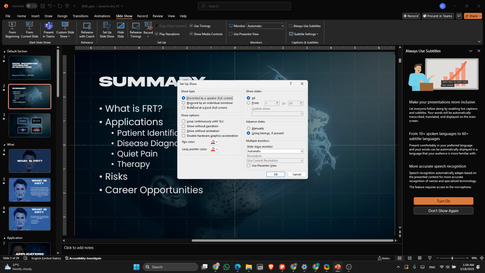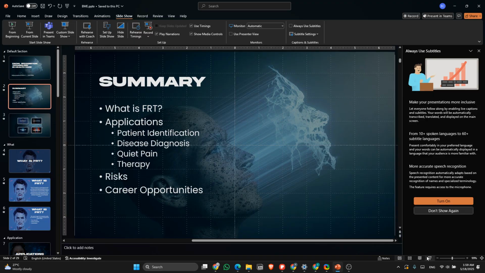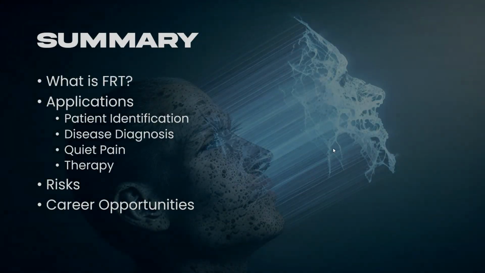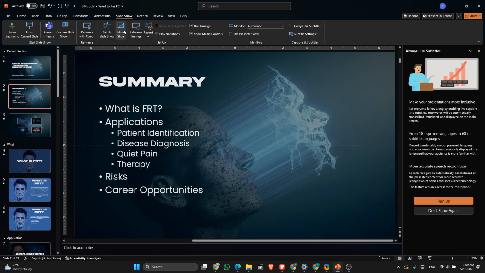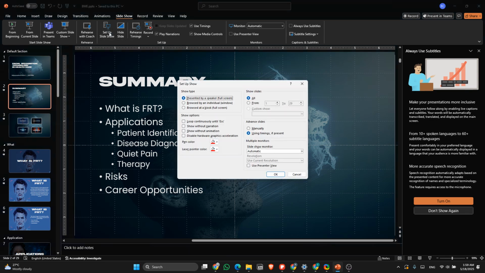So what this does is, when you have the Presented by a speaker full screen option and you click on slideshow, it's going to be entirely full screen and you can't move or go anywhere from this, right? That's what the Presented by a speaker full screen option does. But instead, we're going to be selecting Browsed by an individual window.